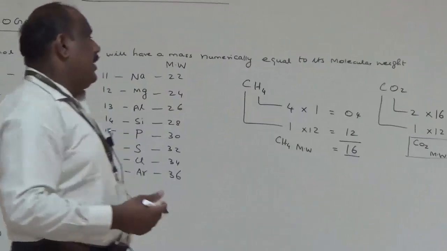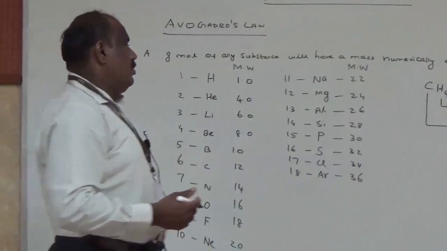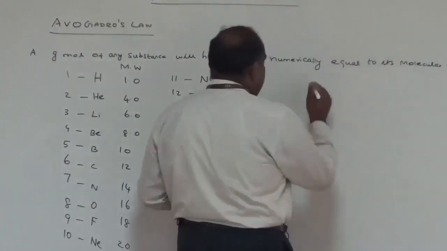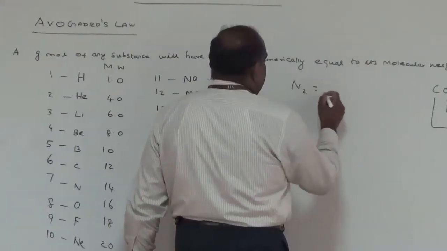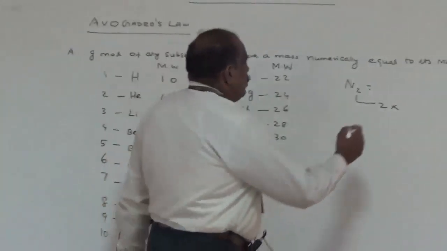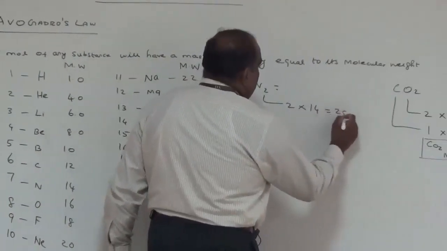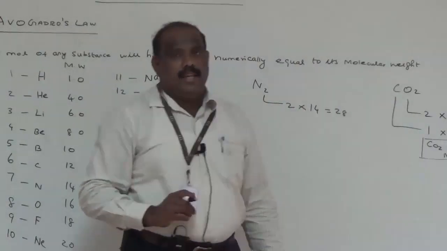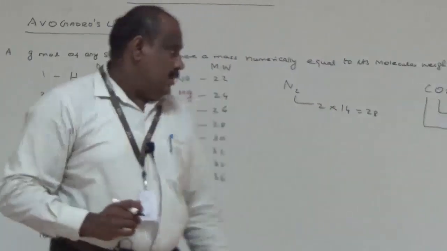Similarly, we can derive it for any gaseous constituent. For nitrogen, it is 2 into 14, so the molecular weight of the nitrogen molecule is 28, because nitrogen is a diatomic molecule.